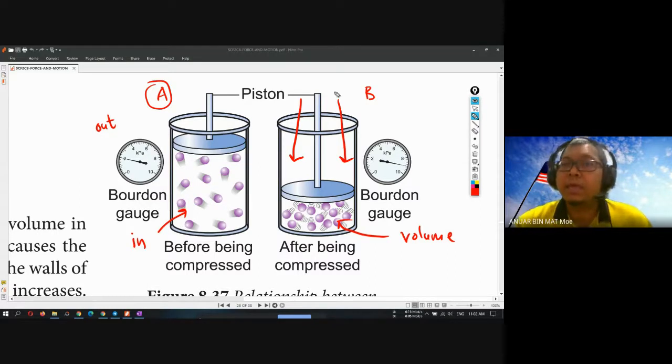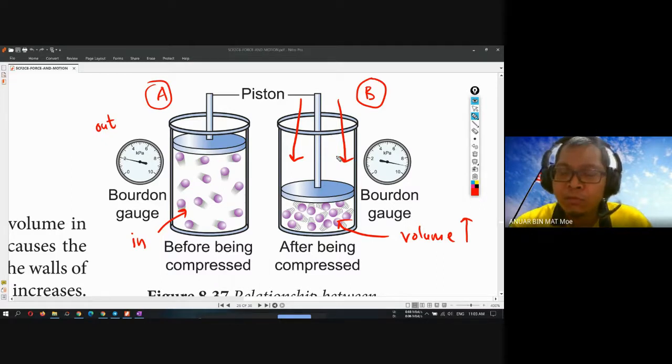The pressure increases when you push down the piston, and you can see the particles or the atoms inside the air here are being compressed and the volume is increased. So we can say that when the volume of the air particles is increased because of it being compressed, the pressure is also increased, before being compressed and after being compressed.